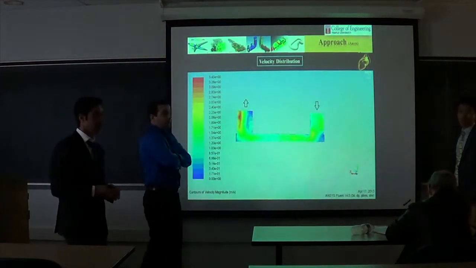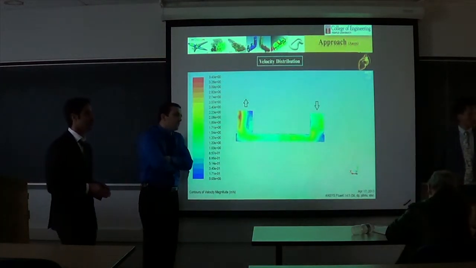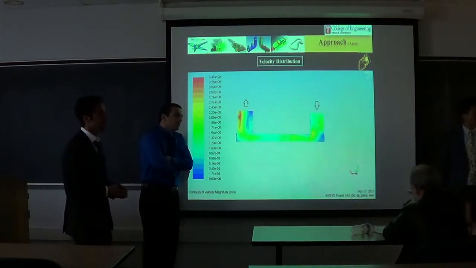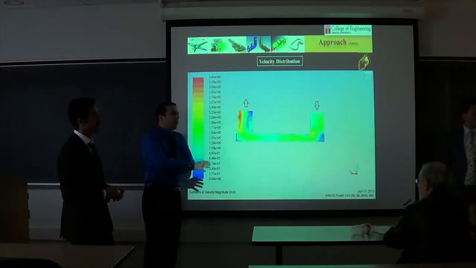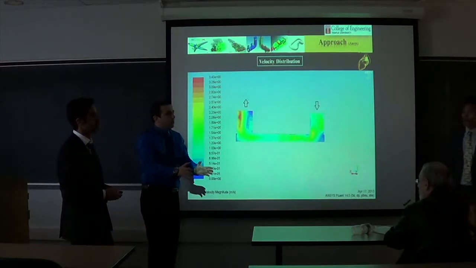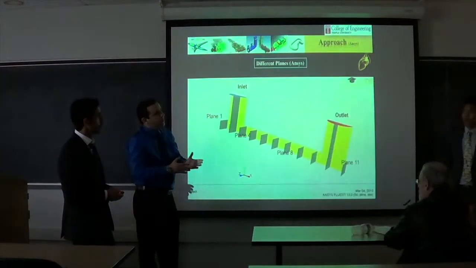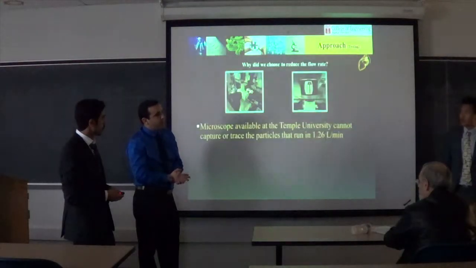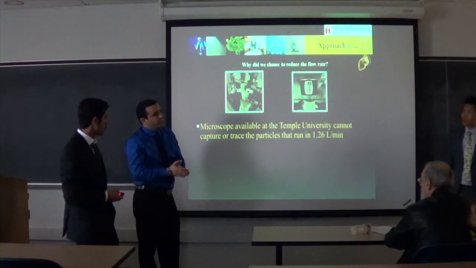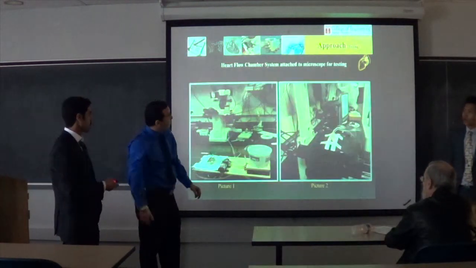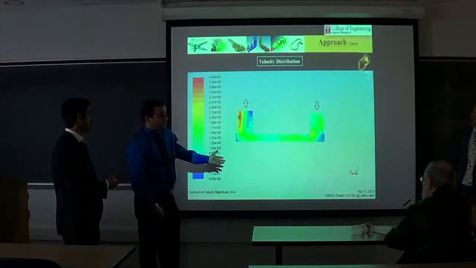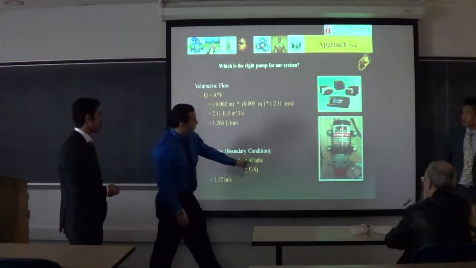What technique did you use to measure flow rate and velocity? In the beginning, we had a very sophisticated pump that can be easily calibrated, and we borrowed that pump from Harvard University. They want that pump back, so we just used the regular water pump, which is this one here.